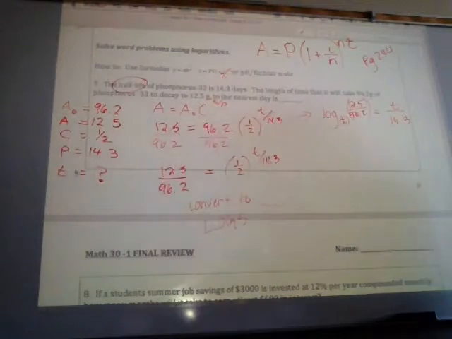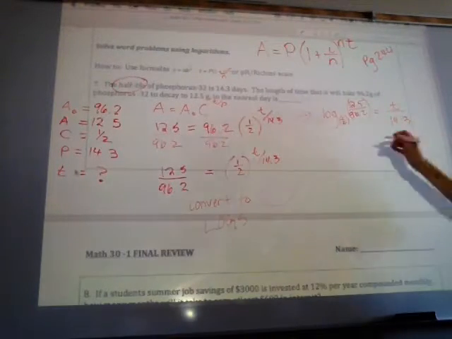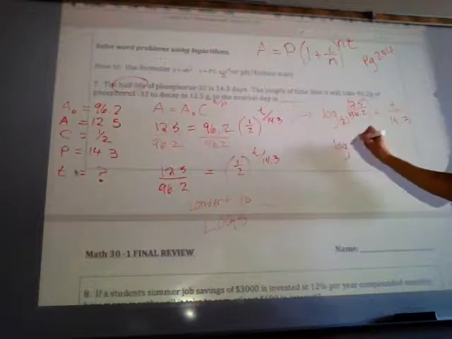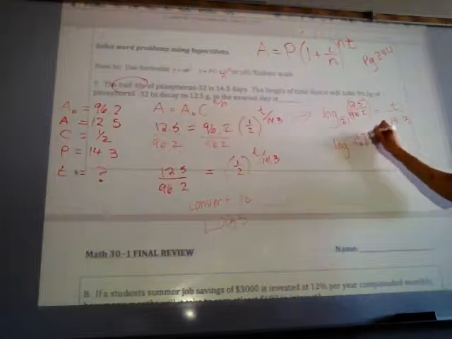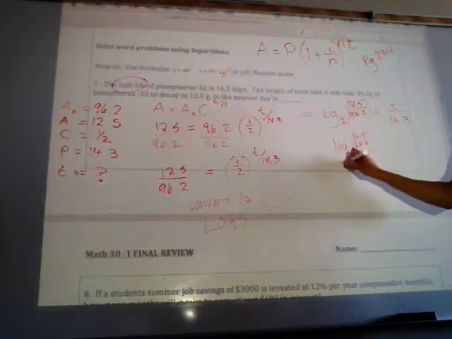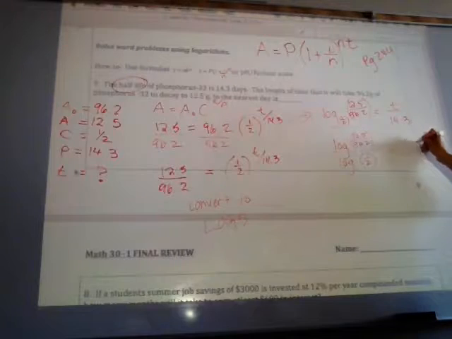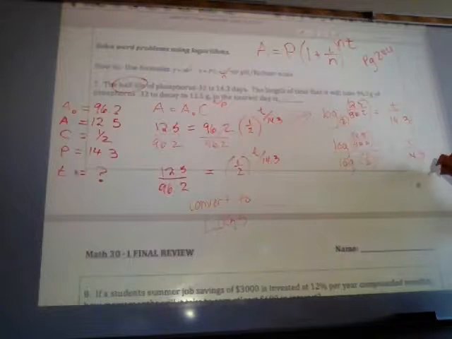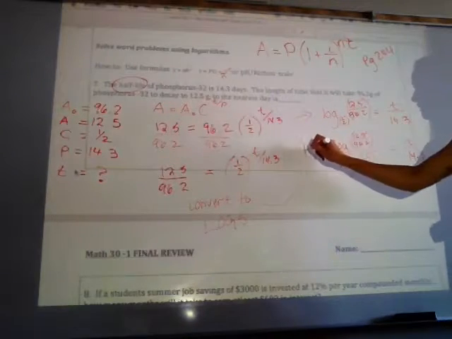Now we have it in terms of logs. Depending on your calculator, you could probably plug this in right now, or you'd have to do change of base. Log of the argument, log 12.5 over 96.2, divided by log 1/2, equals t over 14.3. What do I have to do with the 14.3? Multiply it, so I'm going to put that out front.